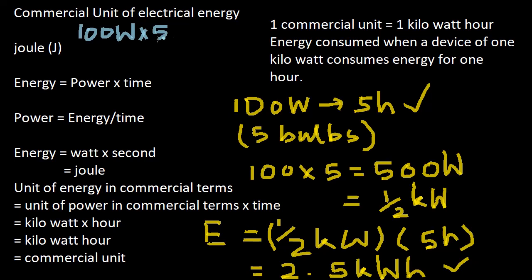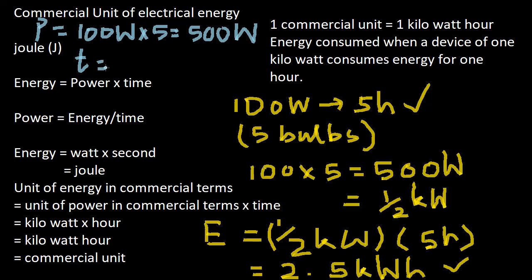That gives us a total of 500 watt, and that we shall take as the power. We shall not convert it into this commercial kilowatt style. We shall leave it as it is because the SI unit of power is watt. So P is equal to this, and time is equal to 5 hours.